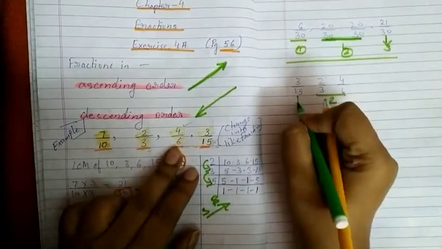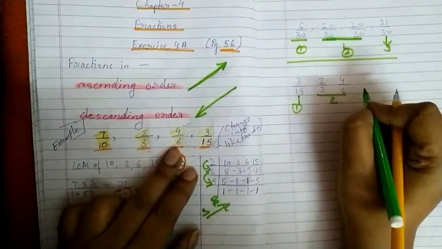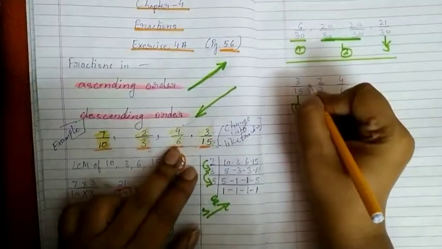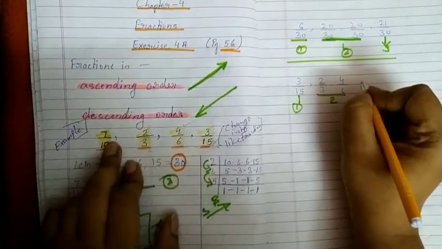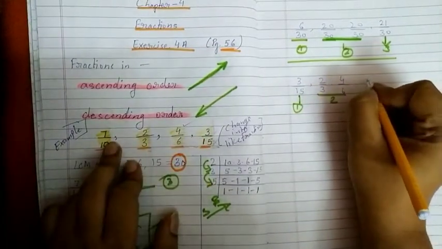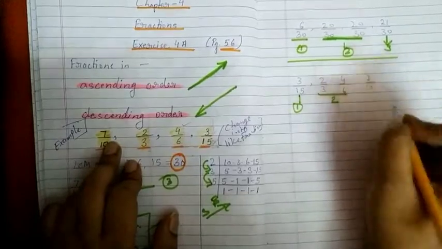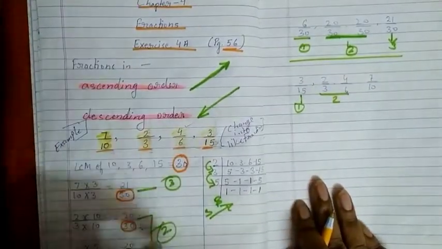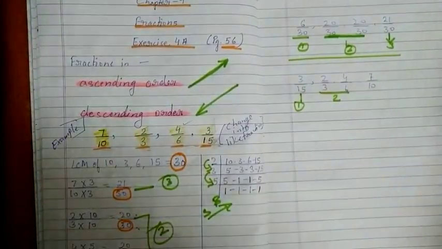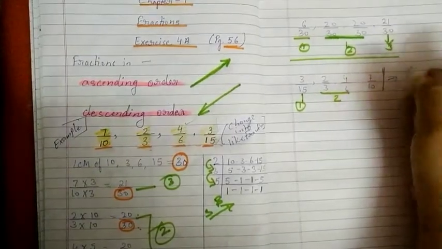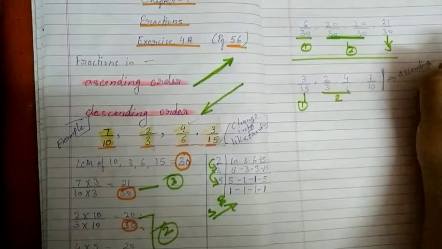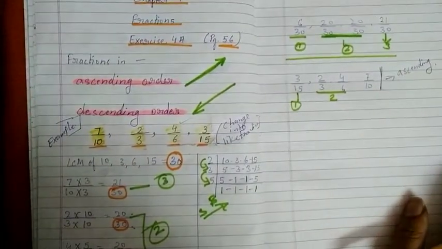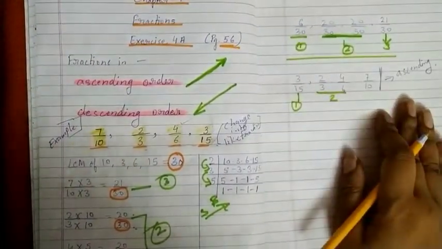This is at first place. And after this, 7 upon 10 is the biggest one. Clear? So this is ascending order. Ascending means, children, going from smaller to bigger number.